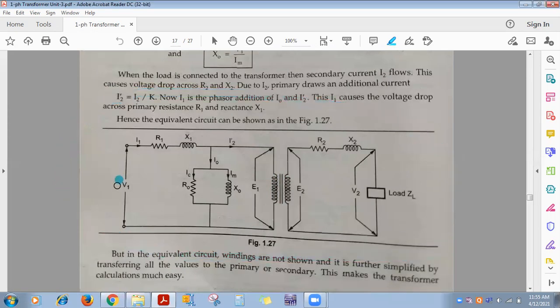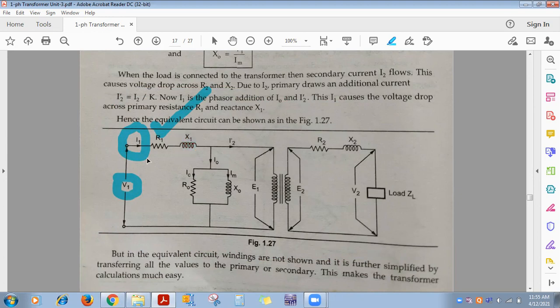So on the primary side, we apply input voltage, and current I1 flows through the primary winding resistance, the copper winding resistance denoted by R1. This is the effect XL1, that is the leakage reactance. To consider the effect of leakage flux on the primary, reactance is denoted in series with R1.